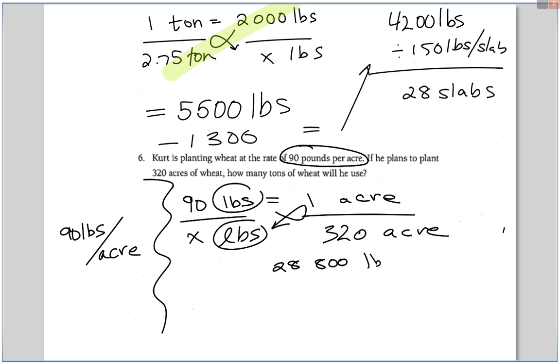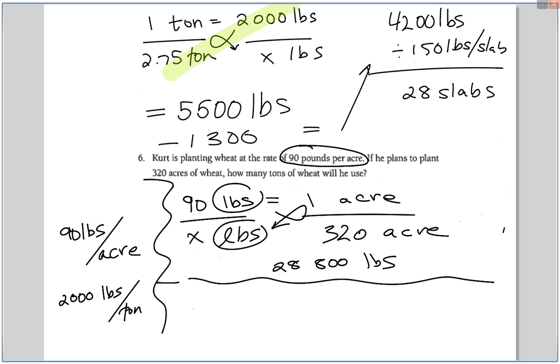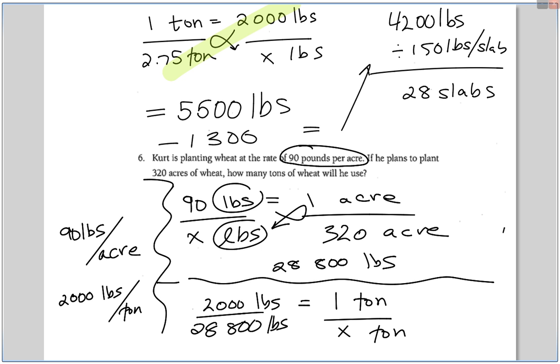And that's pounds. So remember that there's 2,000 pounds per ton. With cross multiplication it would look like this: 2,000 pounds for 1 ton. We have 28,800 pounds, put that over here, x tons. Cross multiply, you see that this will be a divide.